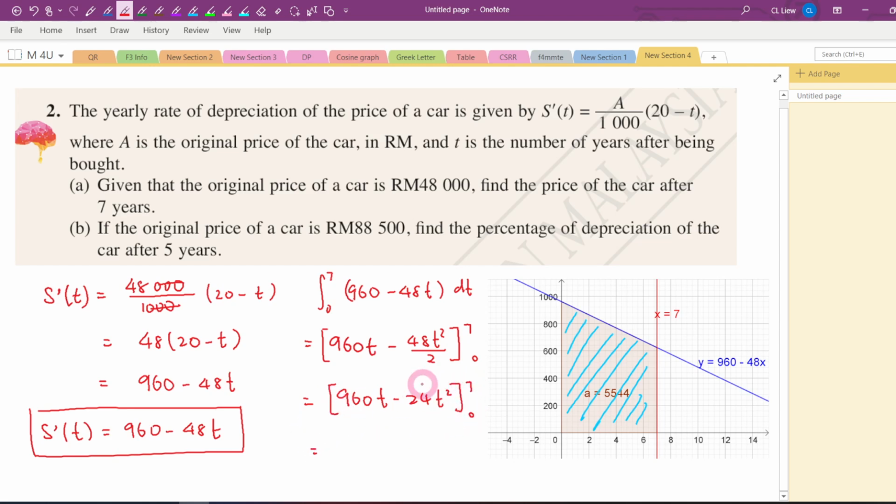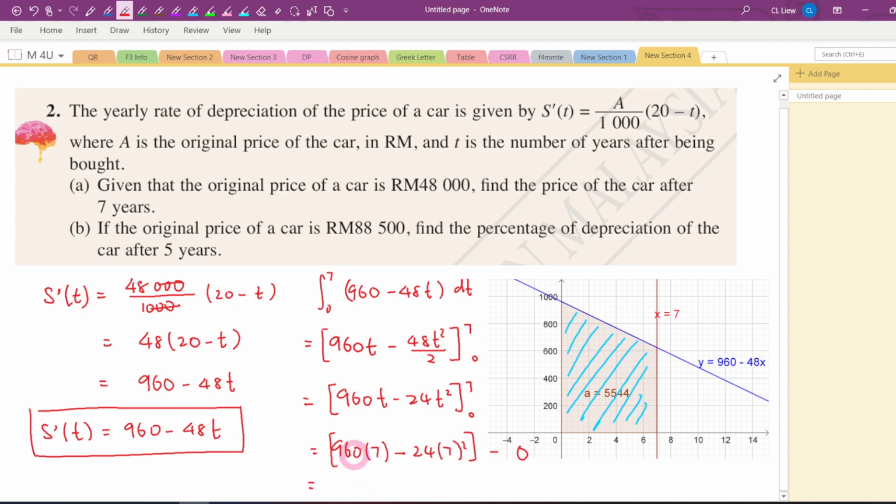Okay, the next step is to bring in the upper limit and lower limit. 960 times 7 minus 24 times 7 squared for the upper limit. Minus, if you bring the lower limit inside here, all you will get is 0, right? Because 960 times 0 you get 0, minus 24 times 0 squared, you also get 0. So here you will get 0.